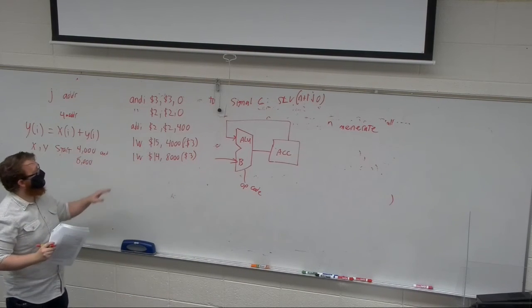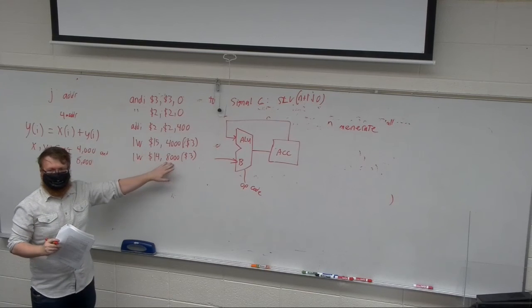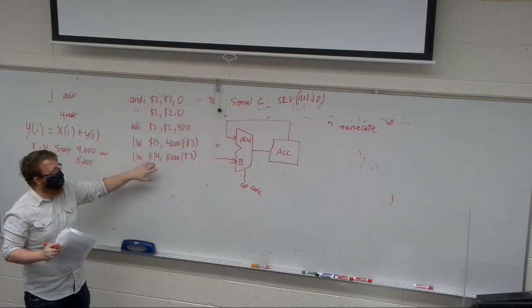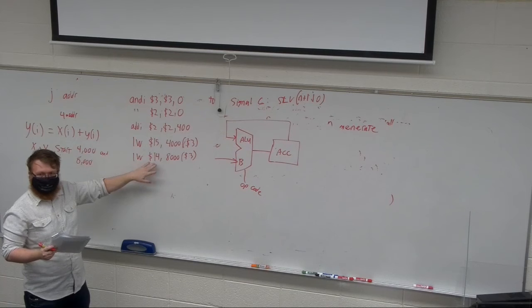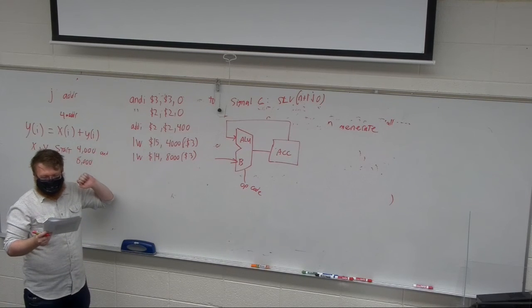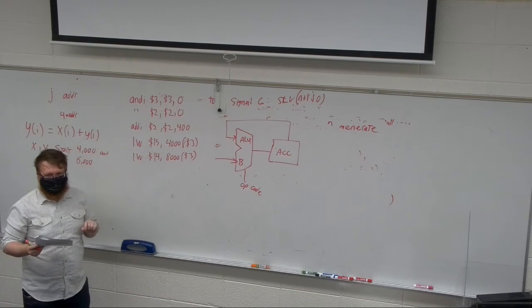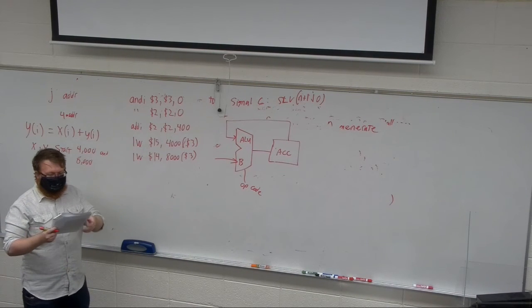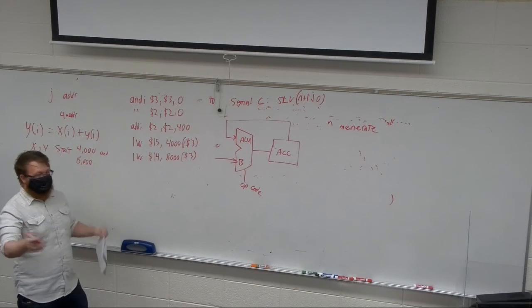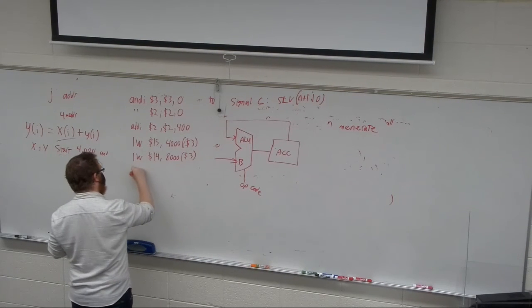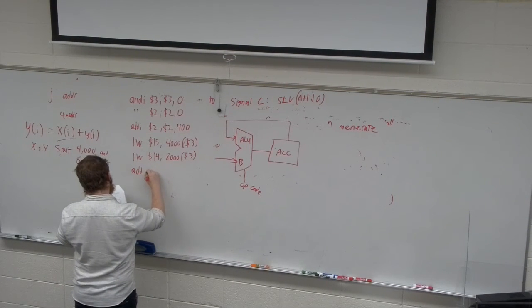Now we're going to load 4,000 and 8,000 into registers 15 and 14, like memory locations. And so we're loading up our X's and Y's and storing them to registers 14 and 15. Then we want to start adding them together, because that's what the operation was. So we just say add.